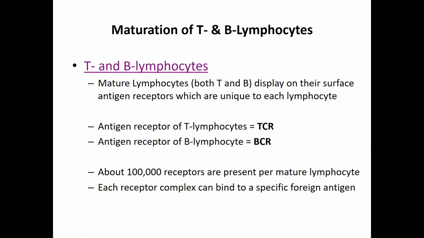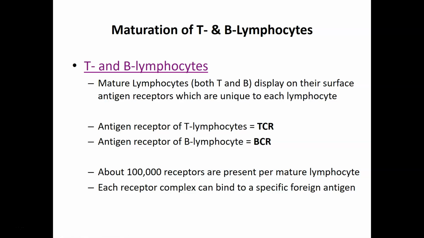So just to reinforce that with some slides, part of maturation for both T and B cells is formation of a unique antigen receptor. For T cells, it's called the TCR, T cell receptor. For B cells, it's called the BCR, B cell receptor. For any given cell, all of the receptors are going to be the same.